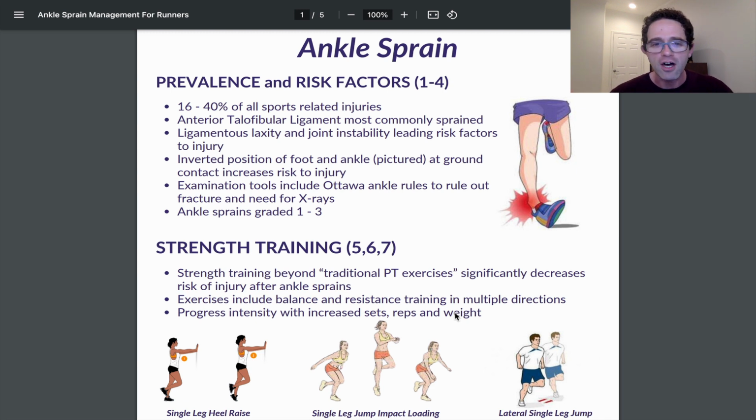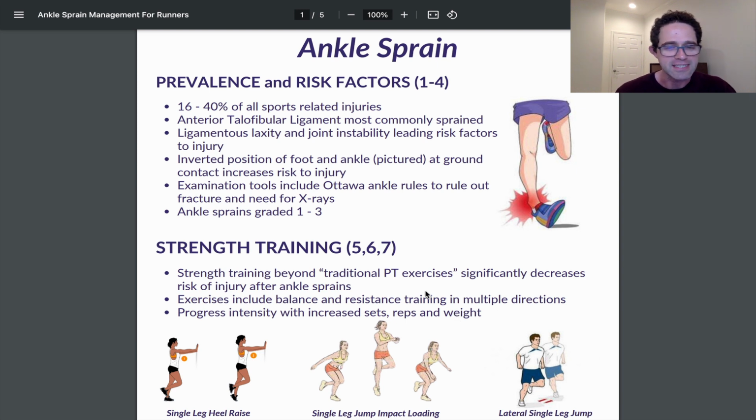But I wanted to call this out because it's so important to give those runners a good strength training program that they can implement, because we want to make sure we're giving patients the tools to get a lot of strength to accommodate all those forces while they're running. When we do strength training, and this is well researched, it significantly reduces the risk of injury for all those ankle sprains.